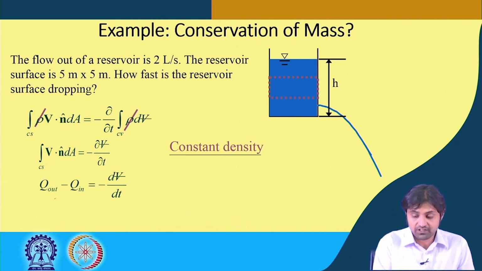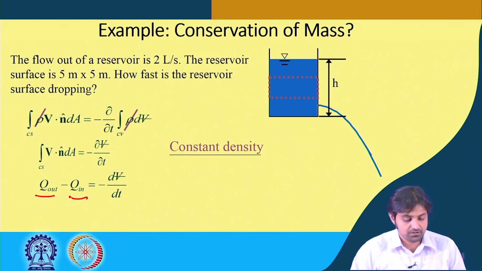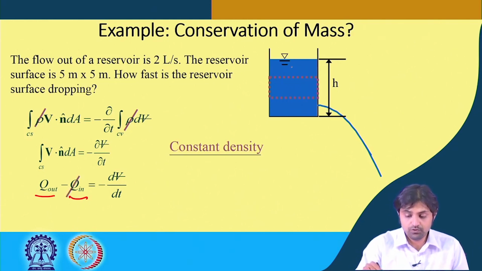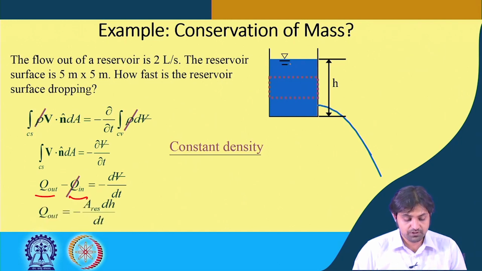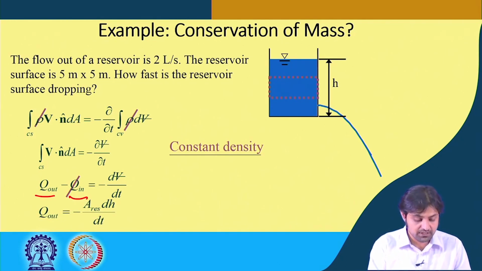If we integrate over the entire volume, or we can say Q out minus Q in, that is the flux leaving minus the flux coming in, is equal to minus dV/dt, right. There is nothing entering, so Q in is 0. So Q out will be simply minus the area of the reservoir times dH/dt.